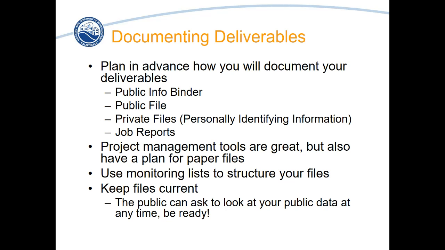That is not something that you need to put in your public information binder. An example would be a home buyer program where you have collected income information about a specific household to see if they qualify. That's not public information. That is private information. That is PII. You do not need to submit that information to a public records request. That's information that should be kept under lock and key.